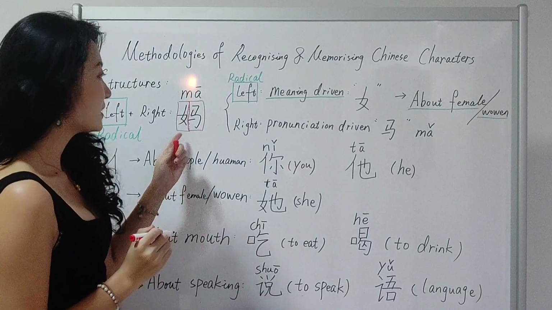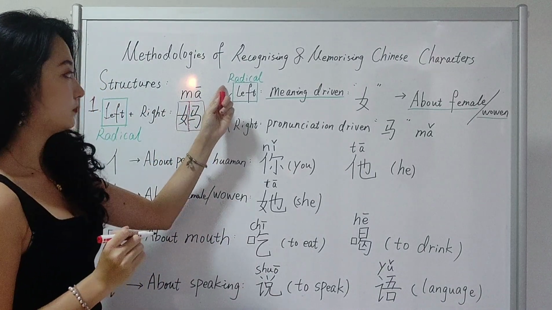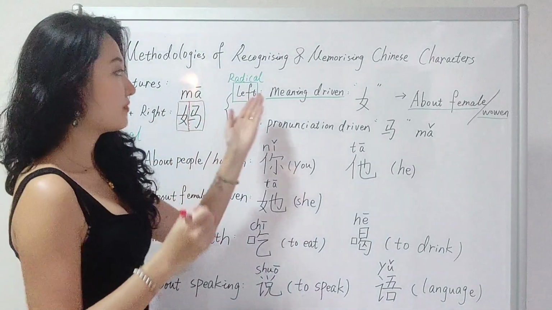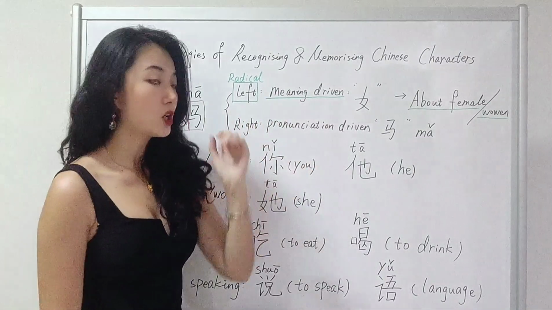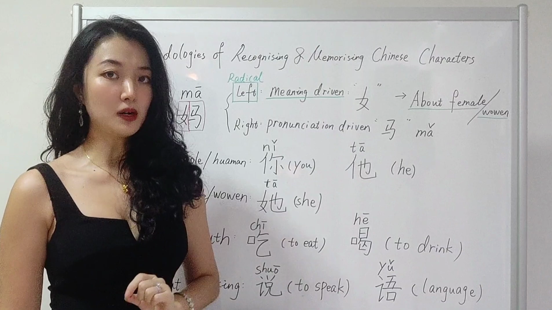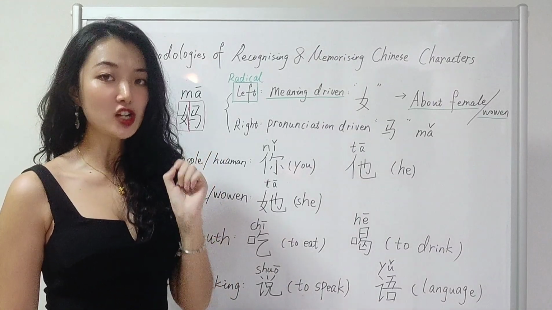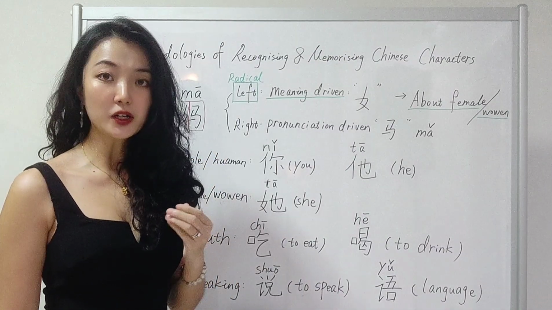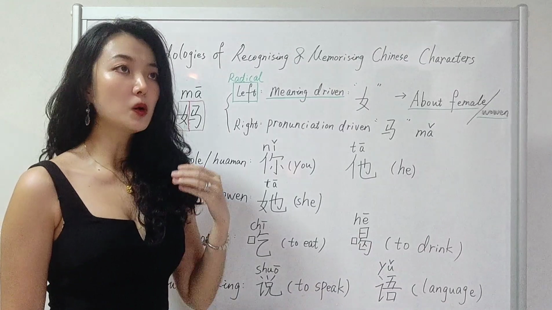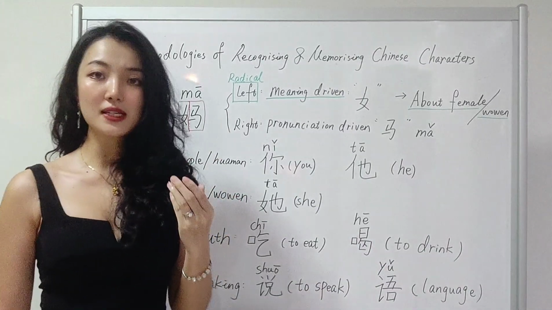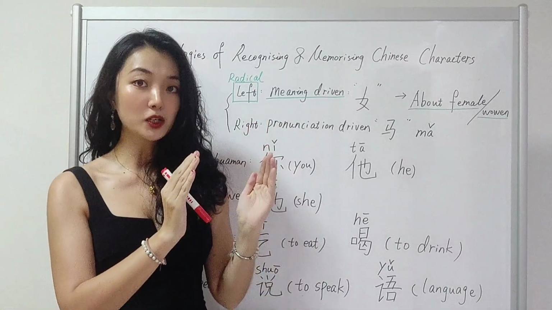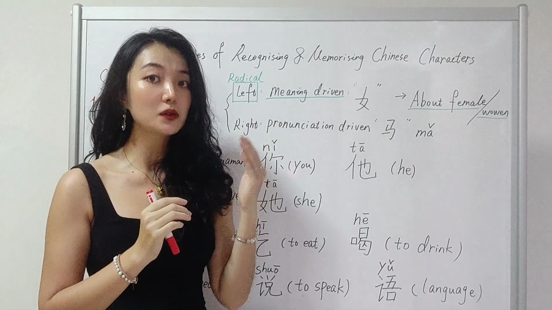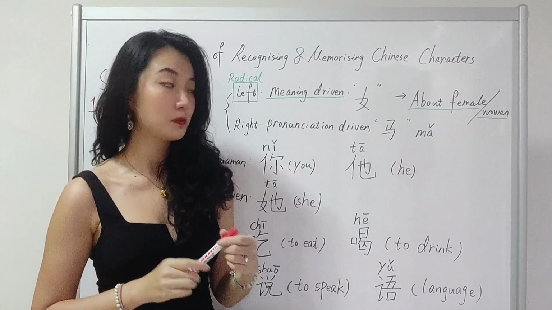The left part is called radical, and left part is usually meaning driven. There are only a limited amount of radicals in Chinese characters, and each radical has its own meaning. So that means whenever you see a Chinese character with that left radical, you can predict what type of meaning it could be.